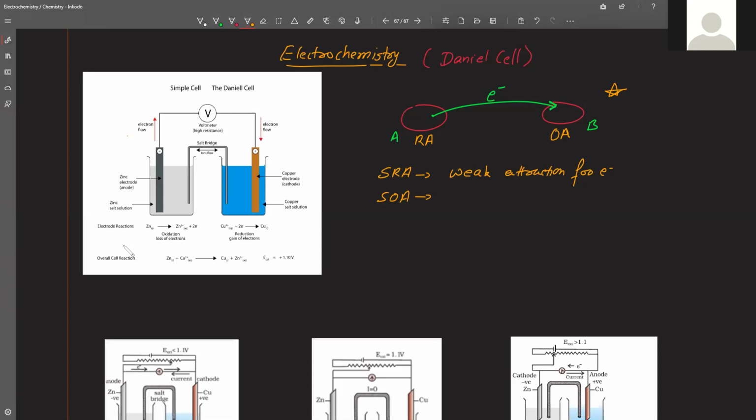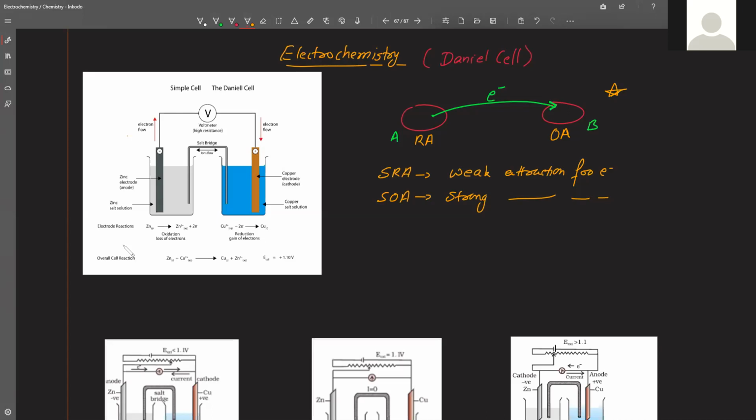It will have strong attraction for electron. An oxidizing agent will oxidize others, which means it itself will get reduced. So if it is a strong oxidizing agent, its attraction for electron will be very high.